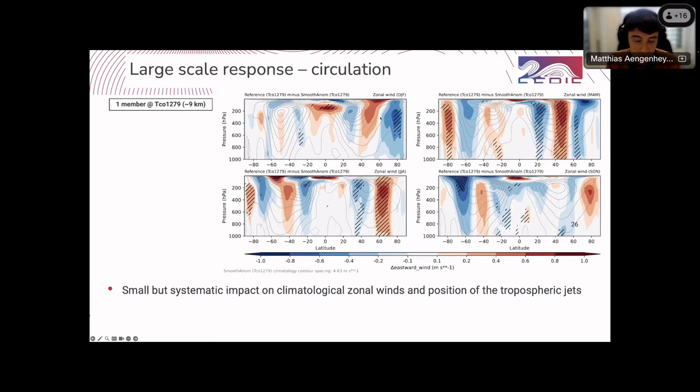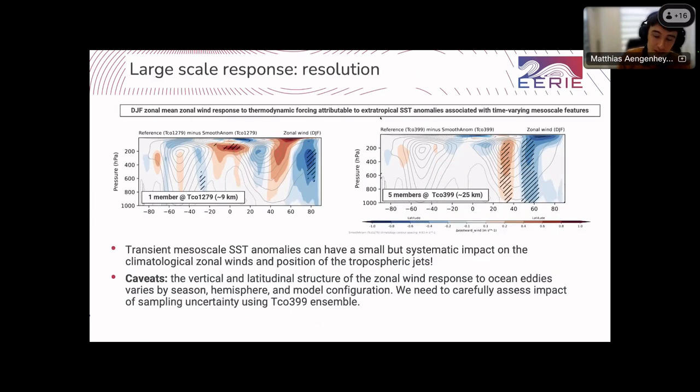And again, there's a small but systematic impact, which I think is a phrase we'll use a lot, of shifting the zonal wind slightly north, the tropospheric jet slightly north. So which could suggest a slight strengthening of the jet, a slight additional influence of the eddies on the zonal winds. But again, the caveat that I already said for the 2 meter temperature, this is not necessarily consistent between the simulations.